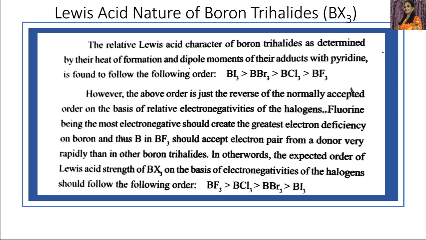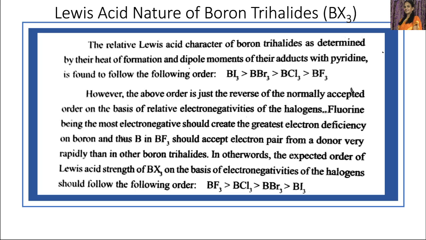The relative Lewis acid character of boron trihalides is determined by their heat of formation and dipole moments, and the formation of adducts with pyridine. This is the Lewis acidic order of boron trihalides: BI3 is more acidic than BBr3, which is more acidic than BCl3, which is more acidic than BF3.